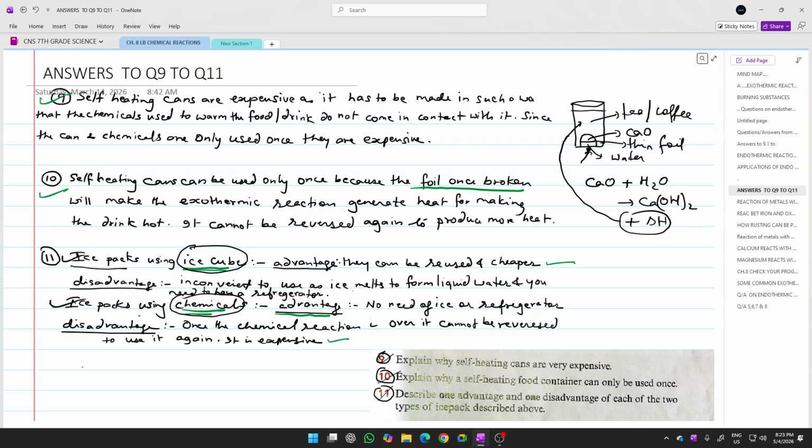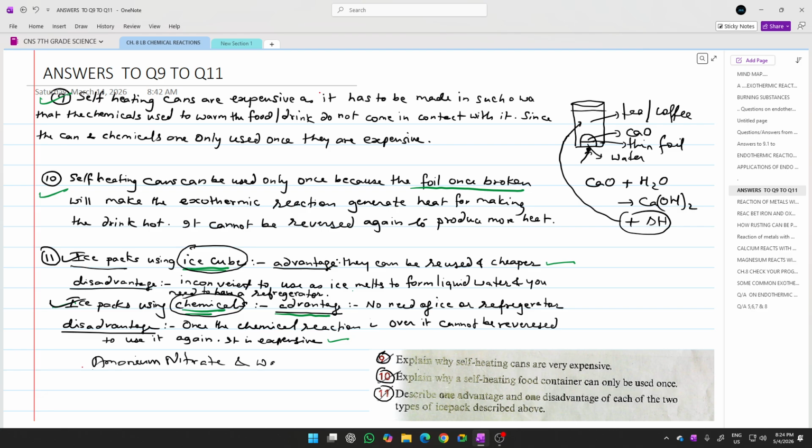Now, in some ice packs, instead of ice cube, they use chemicals. Here the chemical used is mostly ammonium nitrate and water.